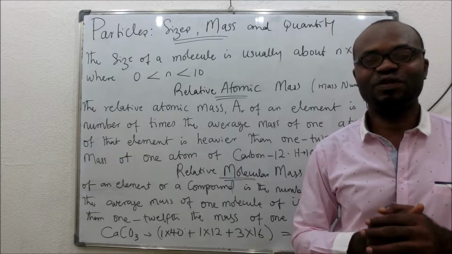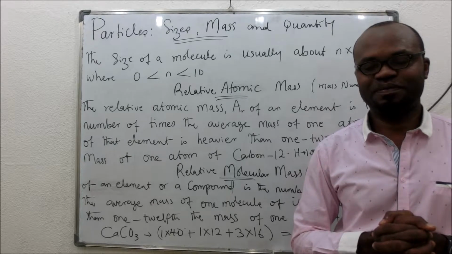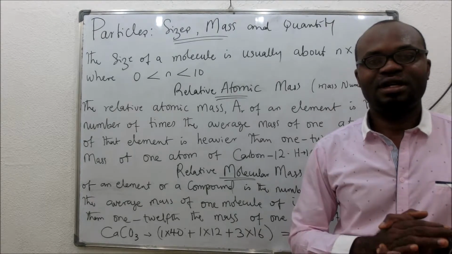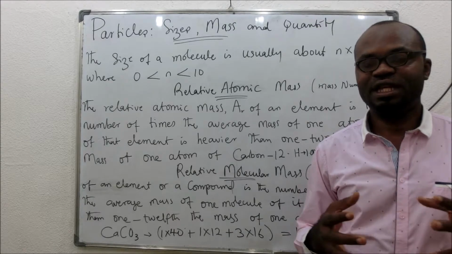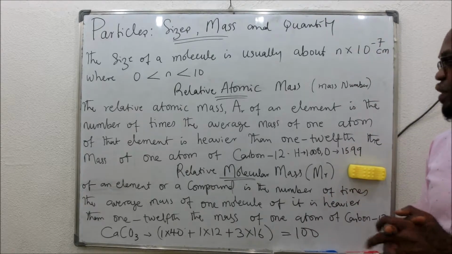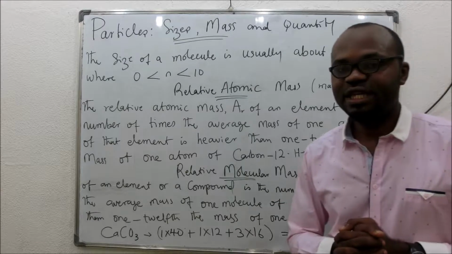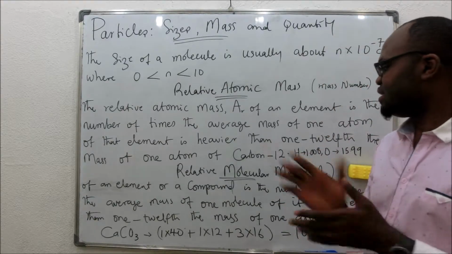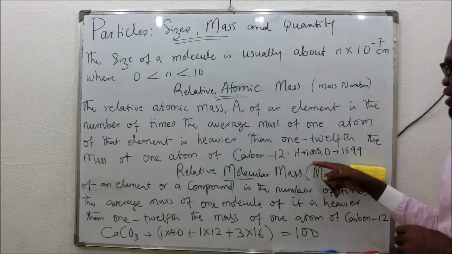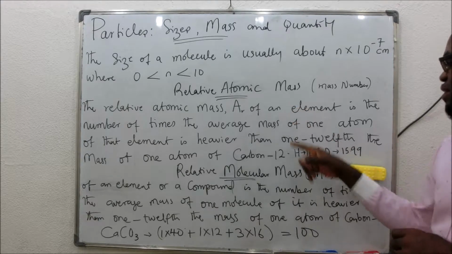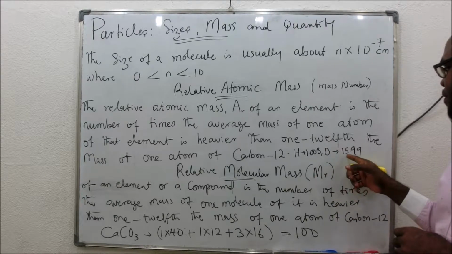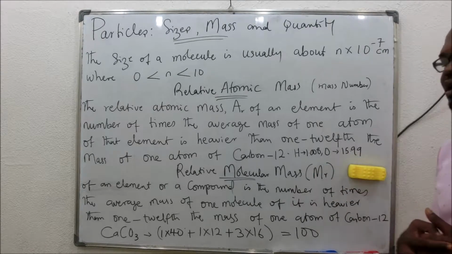Relative atomic mass is for single elements, whereas relative molecular mass is for compounds. For hydrogen, the relative atomic mass is 1.008, whereas that of oxygen is 15.99, approximately 16.